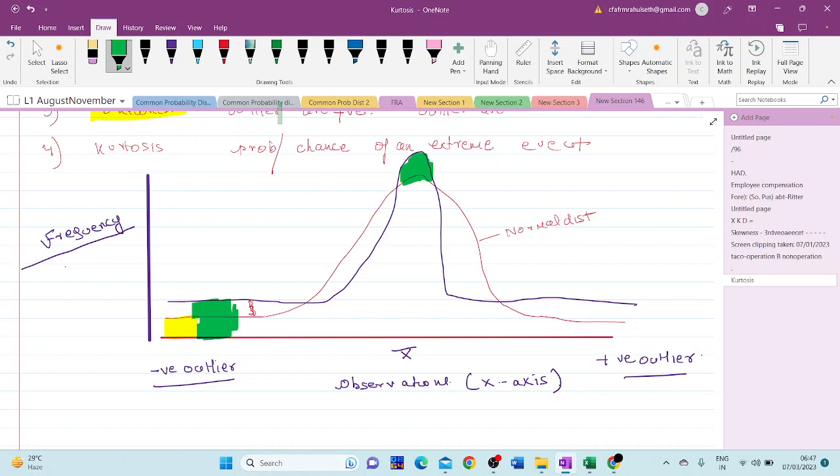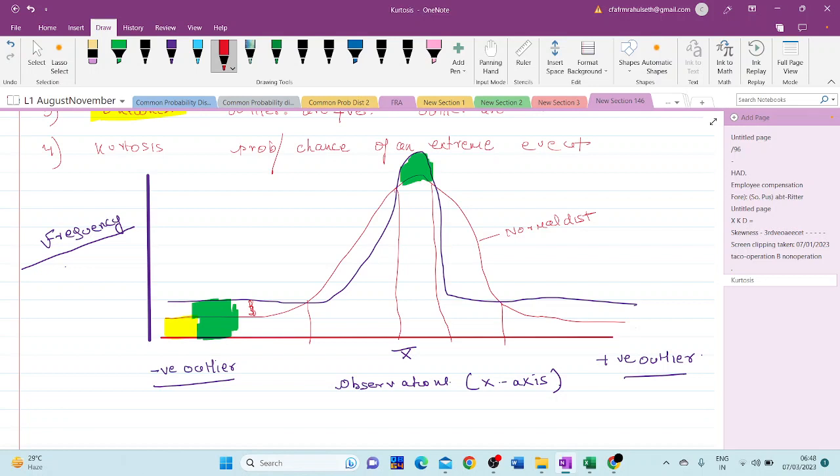And notice, guys, in this fat tail distribution, observations between the central region and the two tail regions occur with a lower frequency.